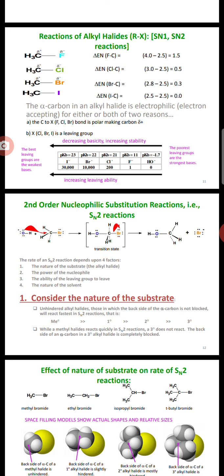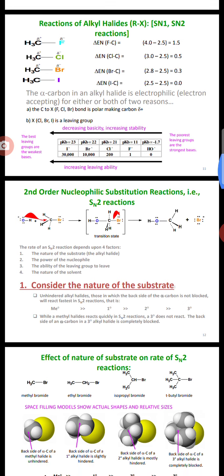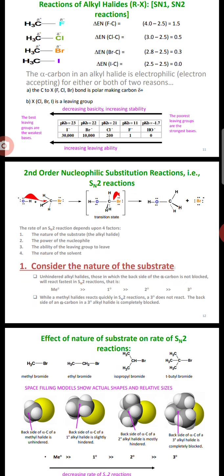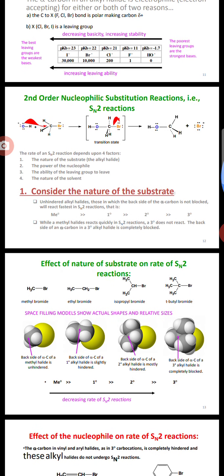Alkyl halides in which the back side of the alpha carbon is not blocked will react in SN2 reactions, such as first methyl, then primary, other primary alkyl halides, then secondary alkyl halides, and the least reactive are the tertiary alkyl halides in the SN2 mechanism. This is the effect of the nature of the substrate on the rate of SN2.